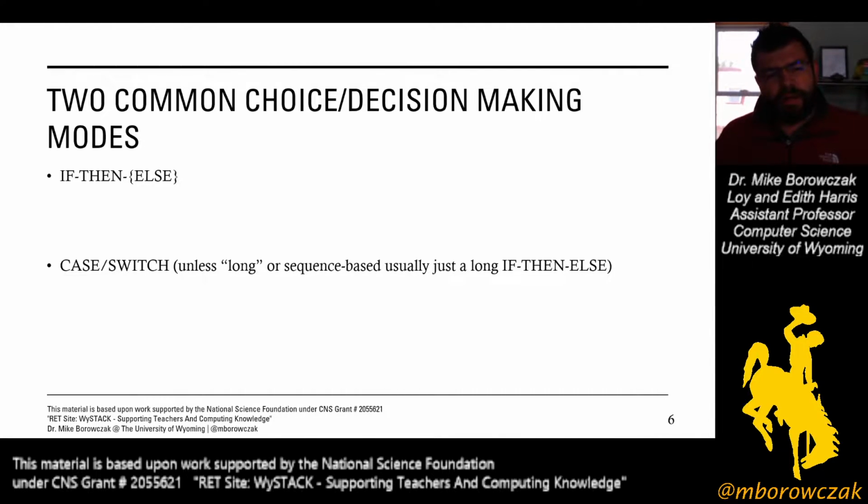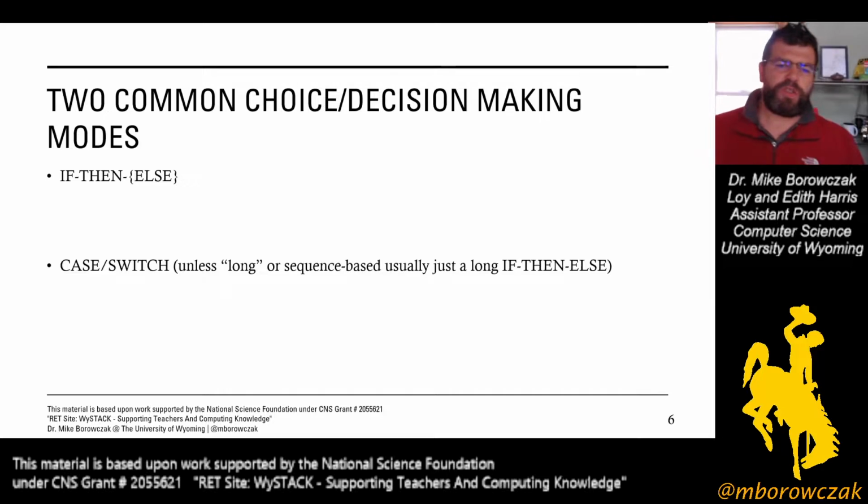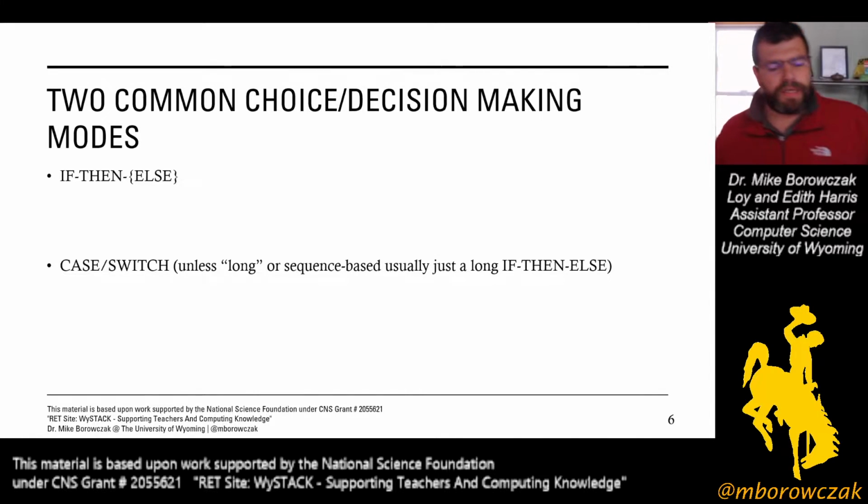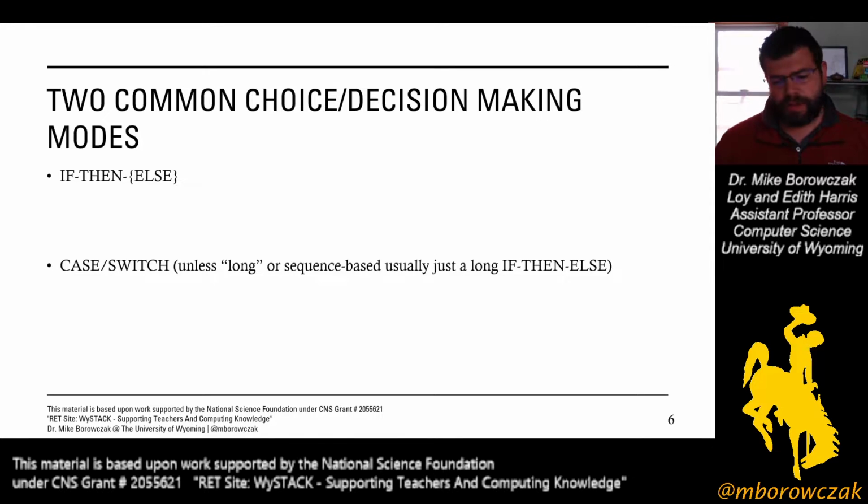The other big mechanism that's used to make decisions in programming languages are case switch statements. So basically you could think of this as having many options and selecting an outcome based off of a specific choice. So where this might happen is doing a case on letters.